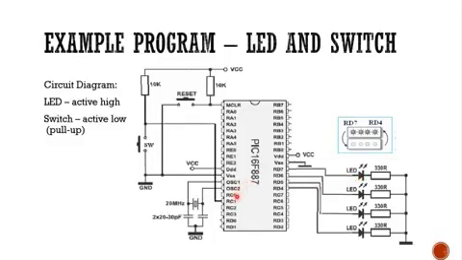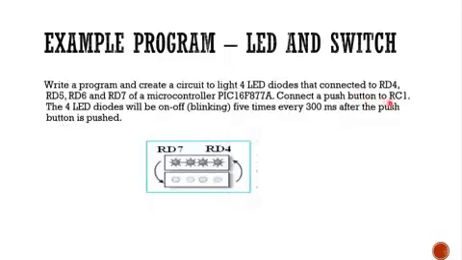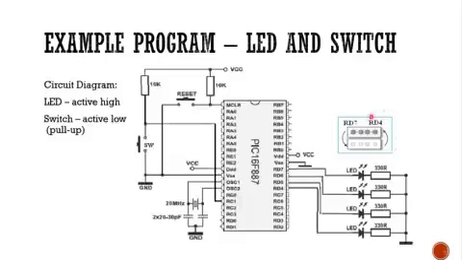And then what about the input? The input must be connected to RC1. So find RC1 here. This is the switch. The switch configuration that you see here is active low. Why? The current value here is high, so when you press the switch, the value will change from high to low.